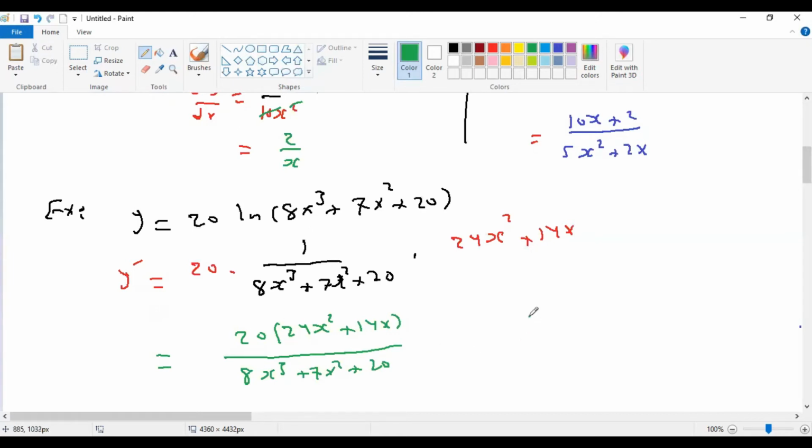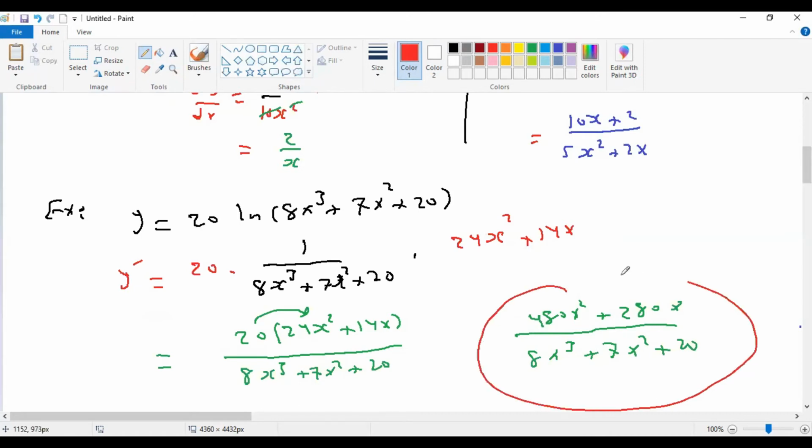We can multiply this by 20, so we can write 480x squared plus 280x over 8x cubed plus 7x squared plus 20. It can also be written in this way.